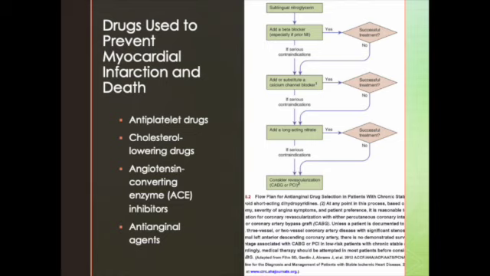Now, if this isn't working, then we can add a nitrate, but now we're using a long-acting nitrate. And if that's not working, then medication is not going to be the answer. We're going to have to consider revascularization by doing a bypass or using PCI.